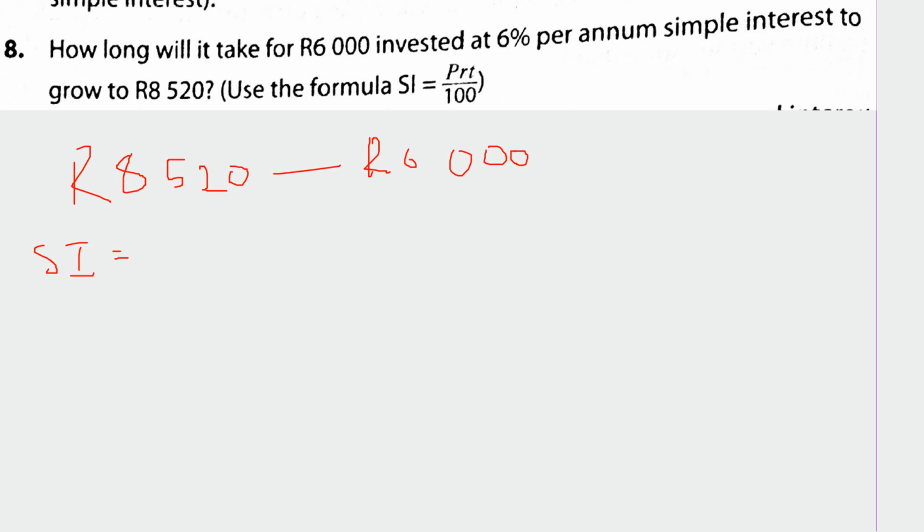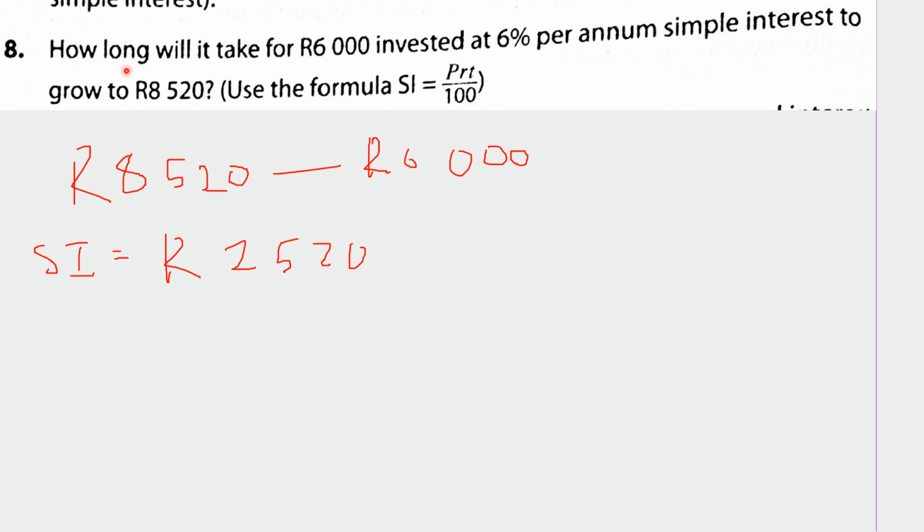It's going to be 8,520 subtract 6,000, which is going to be 2,520. Okay, so this means that when you invest 6,000 at a rate of 6% per annum simple interest, it will earn 2,520, but we don't know for how many years you will have to invest.